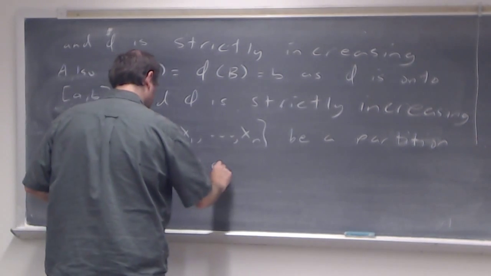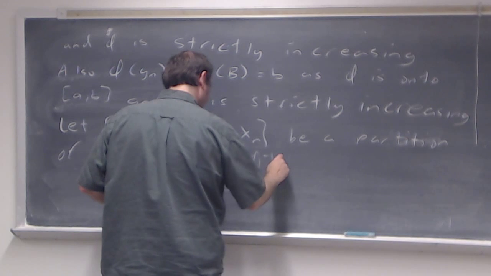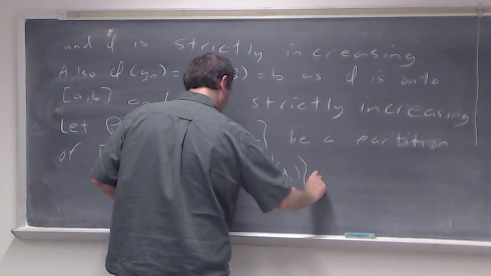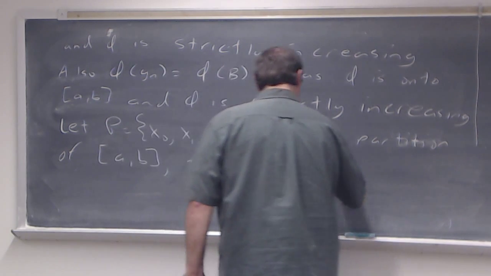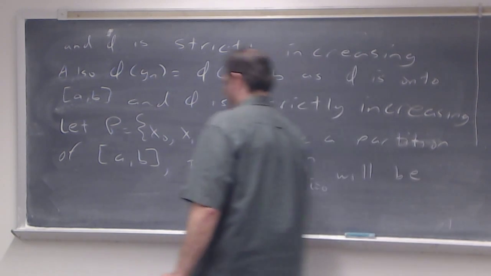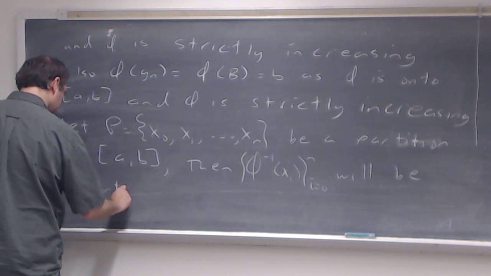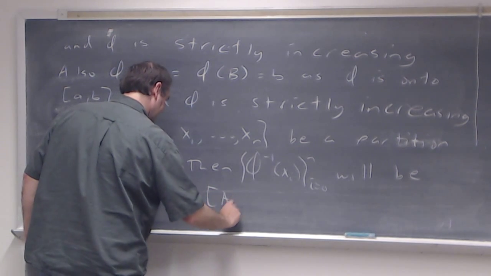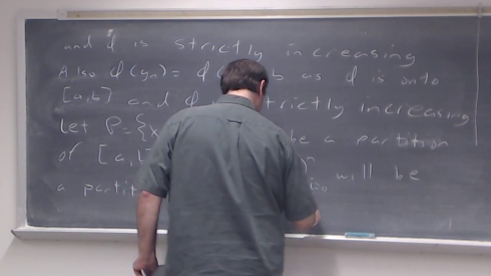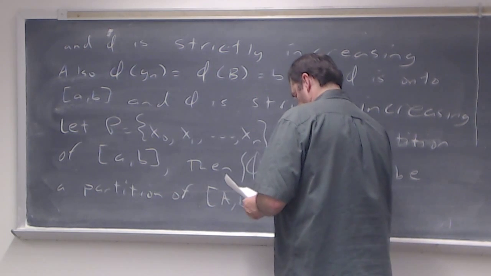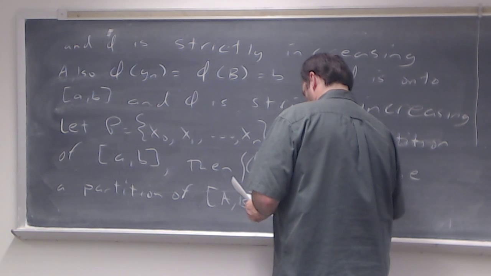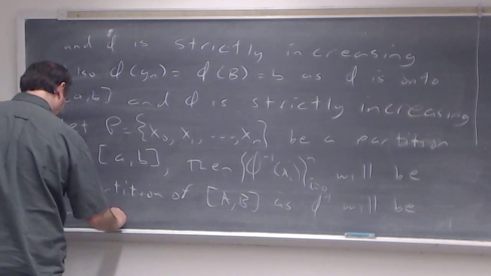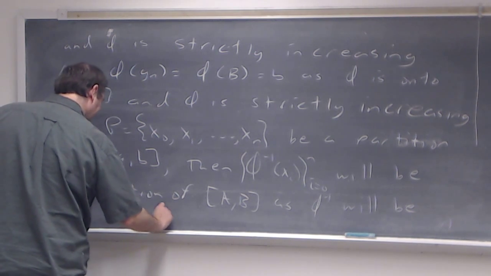Then the inverse function, phi inverse of x i, as i runs from 0 to n, will be a partition of big A to big B as phi inverse will be onto and strictly increasing.